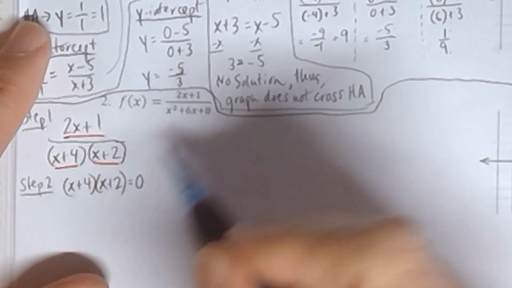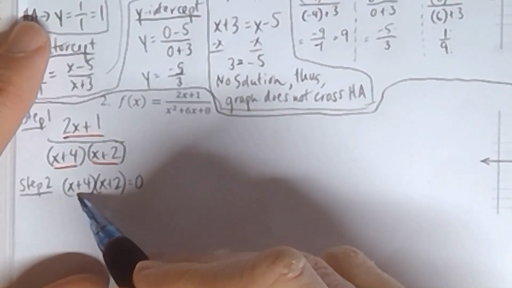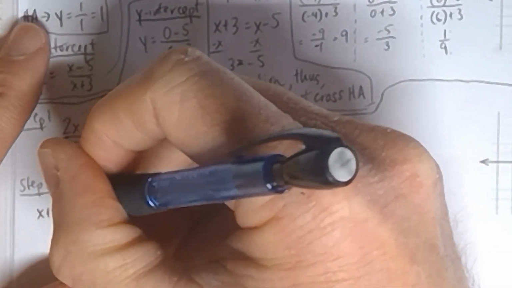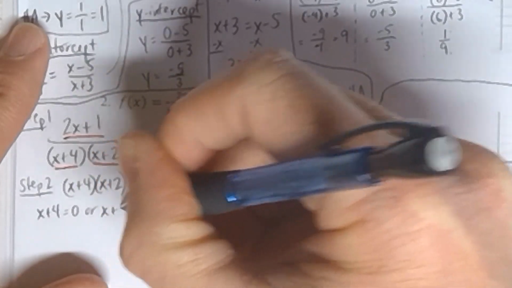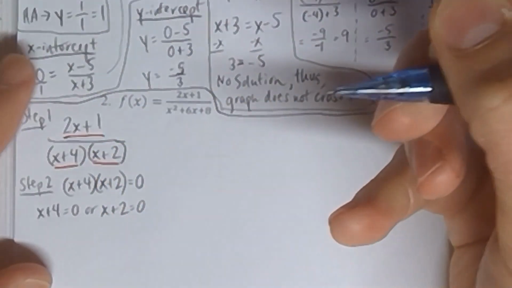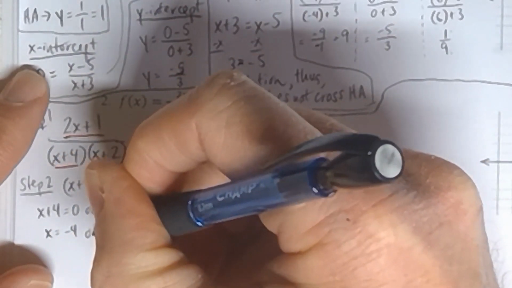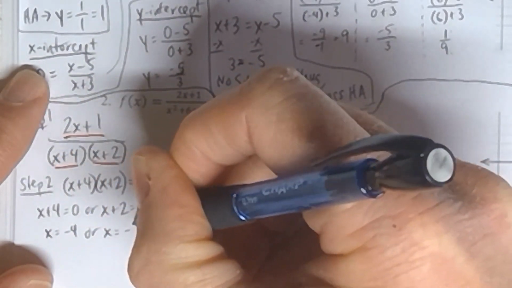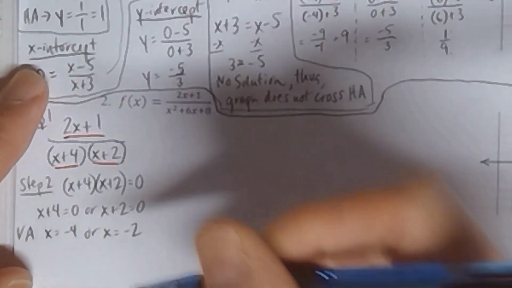If we set this equal to 0 and factor it, which we already have, x plus 4 and x plus 2, we know from our previous discussions that we can set those two factors equal to 0 and solve, and we get x equal to negative 4 and x equal to negative 2. Those are your vertical asymptotes right there.